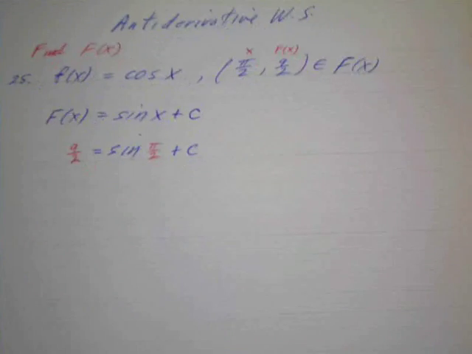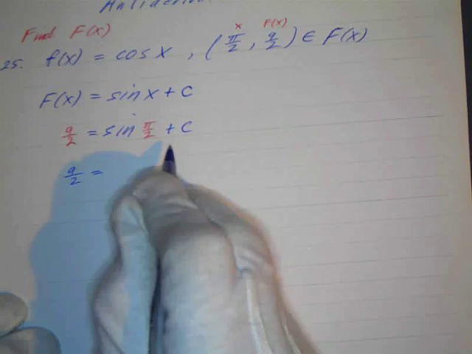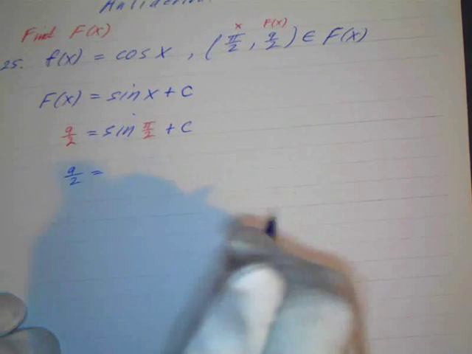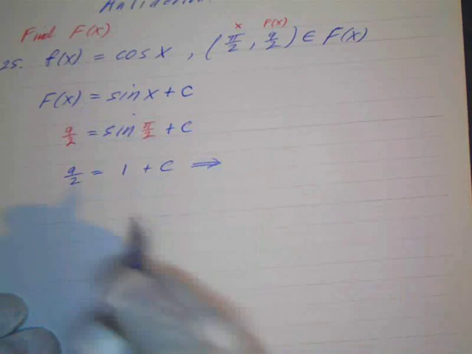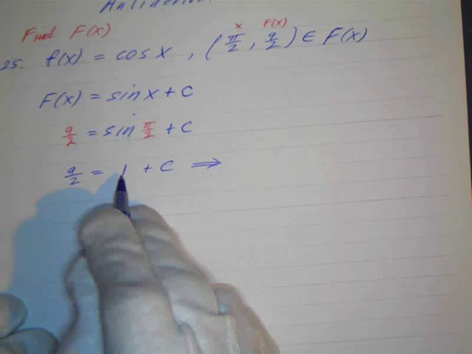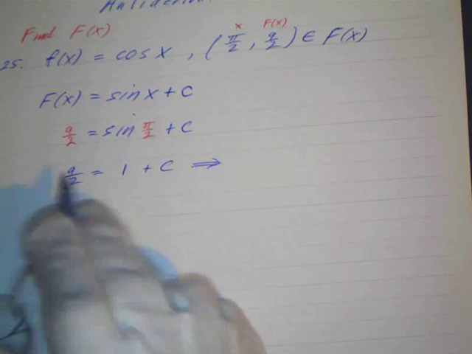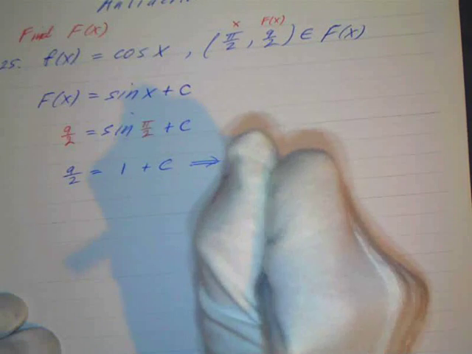It's pretty easy. Okay, so 9/2 equals the sine of pi over 2, and we know from our trigonometry the sine of pi over 2 is 1, so it's 1 plus c. And that implies, well, 1 is the same thing as 2/2, so if I subtract 2/2 from both sides, I get 7/2.